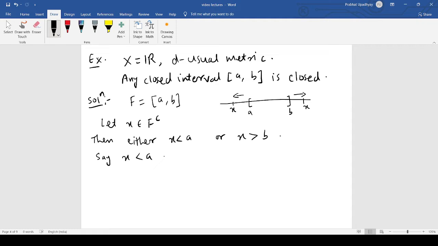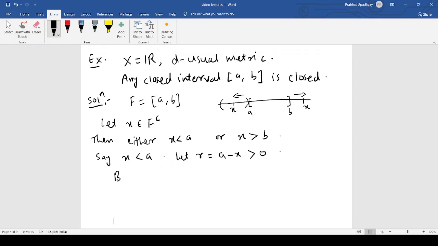And then if I draw B(x, r) around x, it will not intersect my interval [a, b]. So let r equal the distance between x and a, that is mod x minus a. But as you can see, x is less than a. So mod x minus a is equal to a minus x, and this is greater than 0.